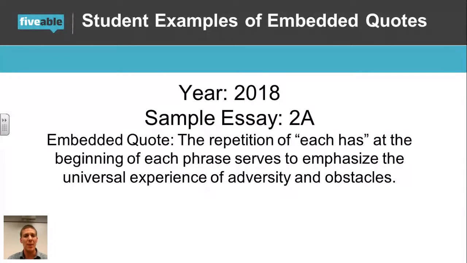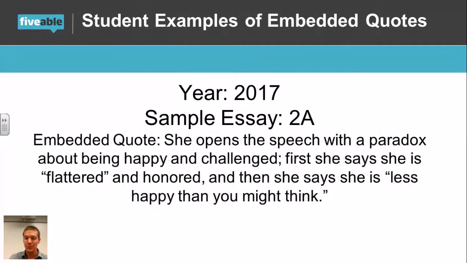I talked last week about how I would do it that way personally, and it's an effective way of crafting an organizational pattern. But clearly, this quote does not just say the author repeats the phrase each has. The student is naturally talking about the purpose here. So the doors of analysis are going to be opened up.